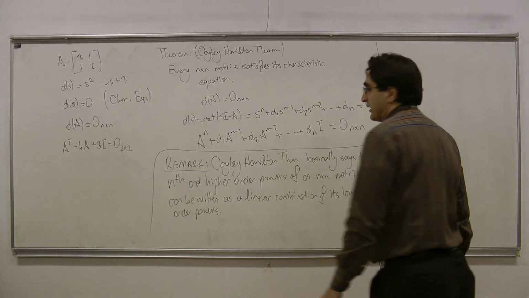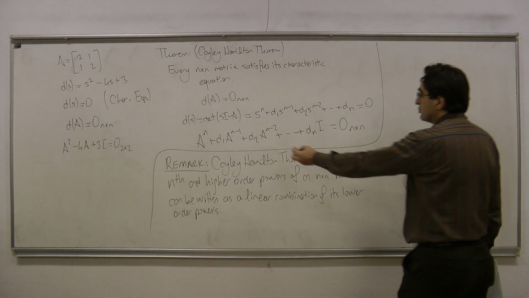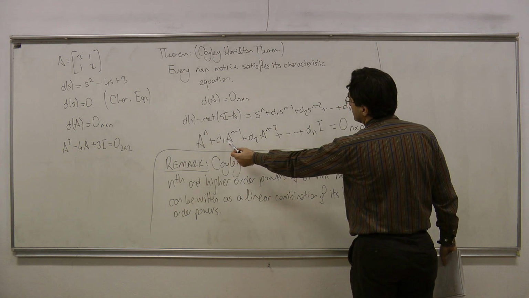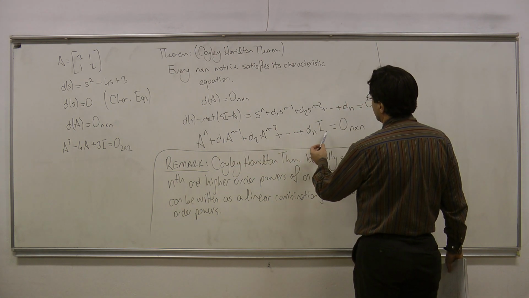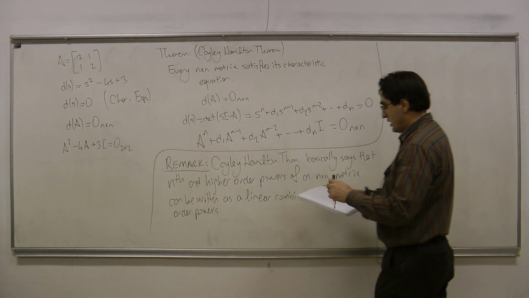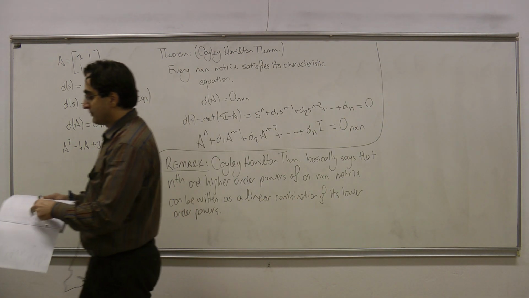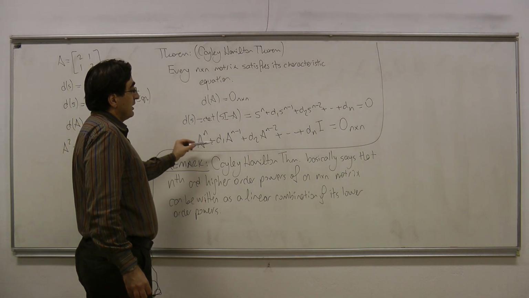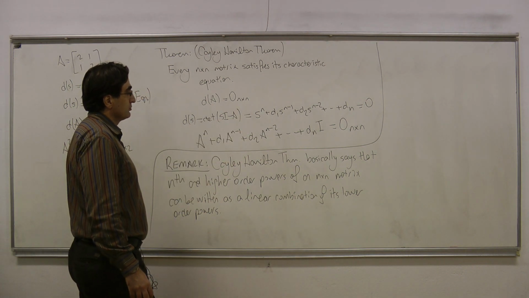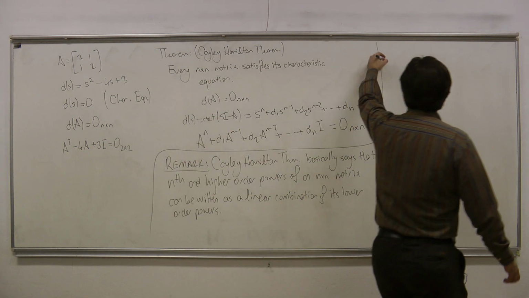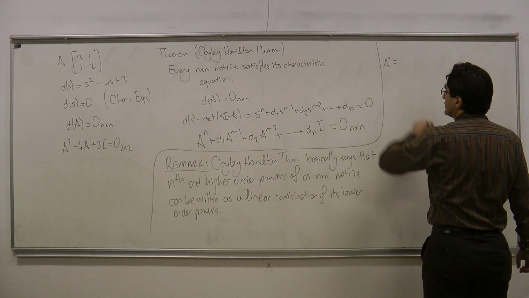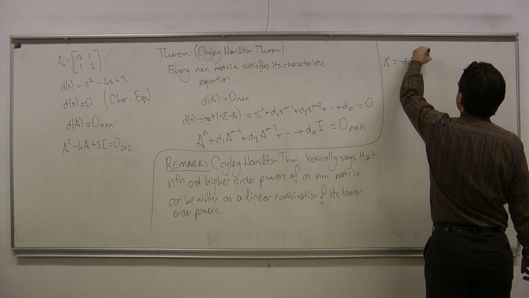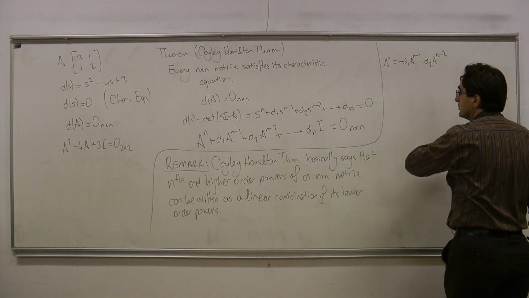Okay? So what does that mean? Let us look at this equation. So I have A to the n plus d1 A to the n minus 1, and this is going like this, and I have 0, n by n on the right. So here I would like to leave this A to the n on the left and take all the other terms to the right. Okay? So it tells us that A to the n is equal to minus d1 A to the n minus 1, minus d2 A to the n minus 2.